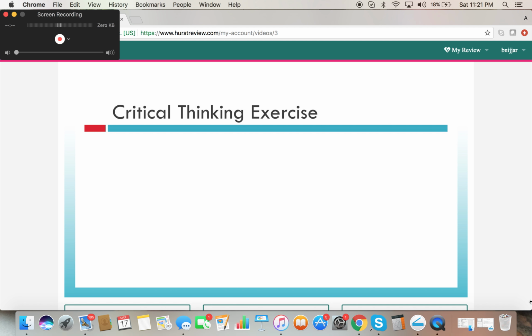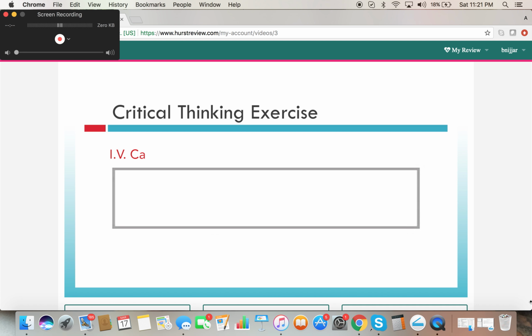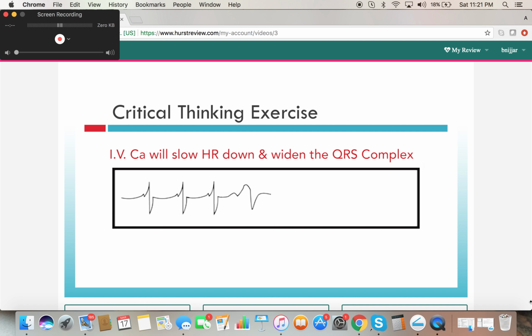So, let's do a critical thinking exercise to make this clearer to you. You're giving IV calcium, and of course you have them on a heart monitor. Their PQRST is looking really good. So you give a little more IV calcium. Now remember, I said it would slow them down a little bit and widen what? Yes, the QRS complex.